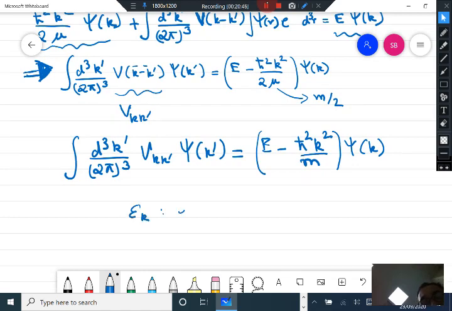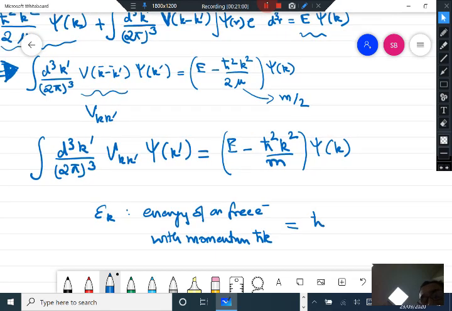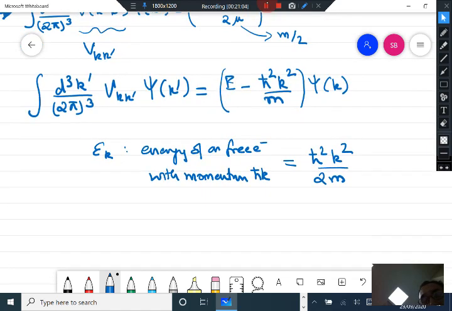Now if Ek is the energy of a free electron with momentum h cross k, then this is equal to h cross square k square by 2m. So twice of Ek is h cross square k square by m.